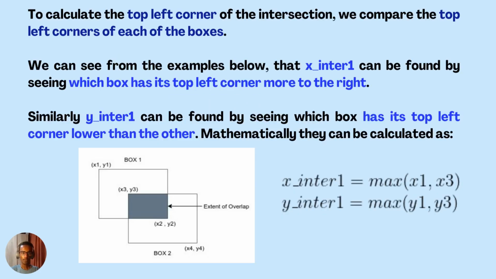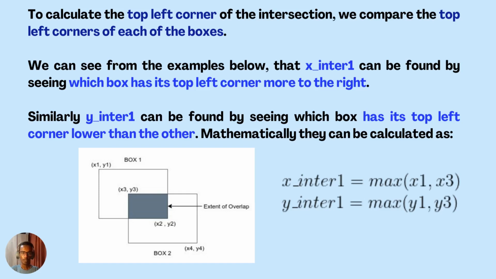To calculate the top left corner of the intersection region, we have to compare the top left corners of each of the boxes. So in order to get the top left corner of the intersection region, we have to consider the top left points of box 1 and box 2. In this case, x inter 1 will be the x coordinate of the intersection region, and it will be the maximum of x1 and x3.